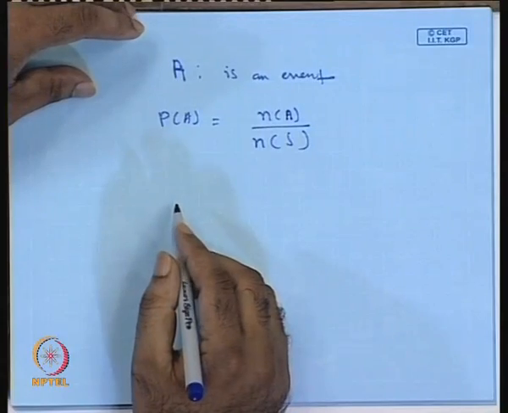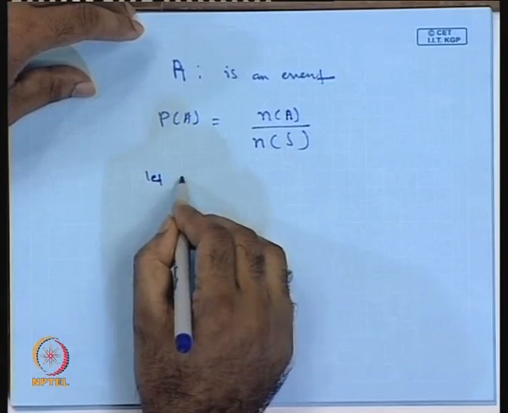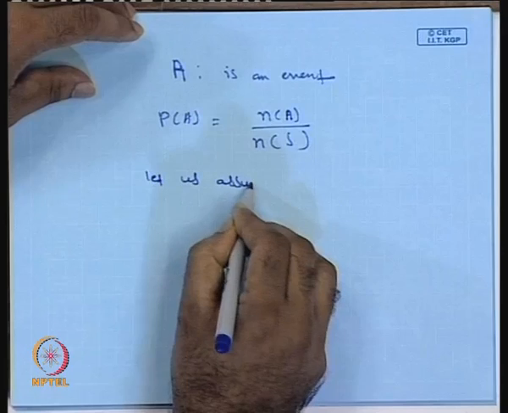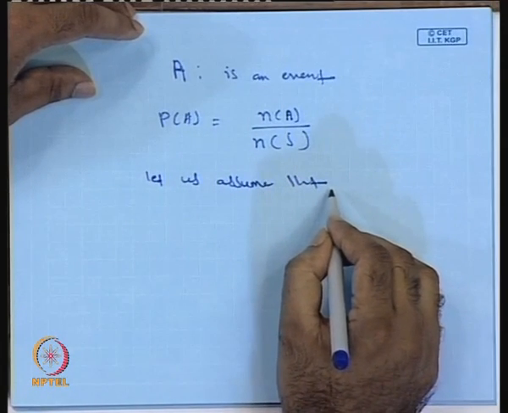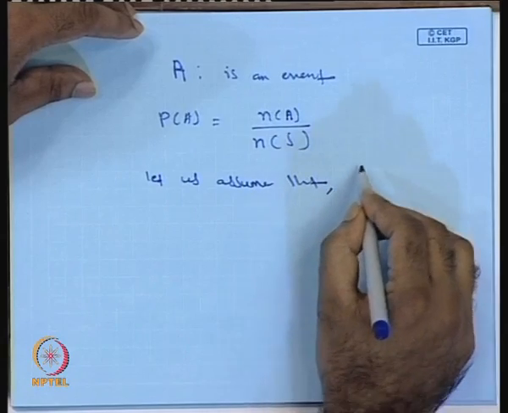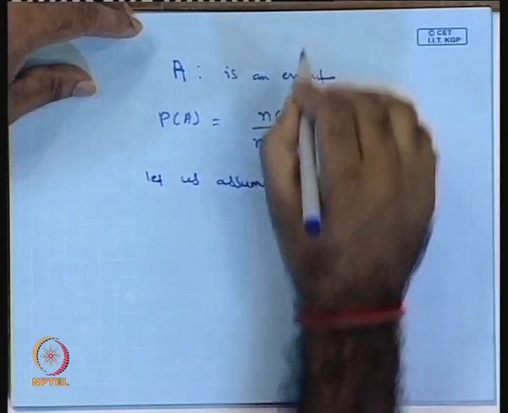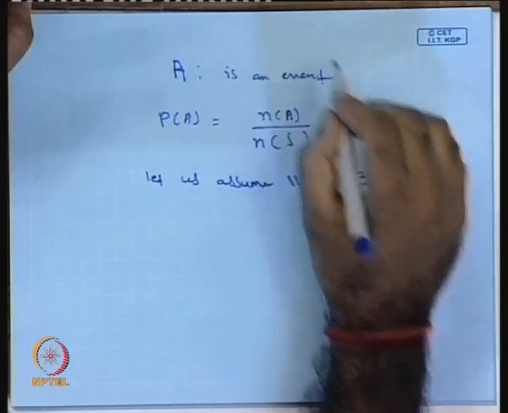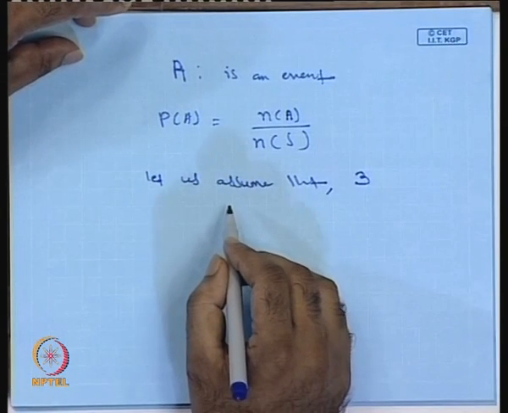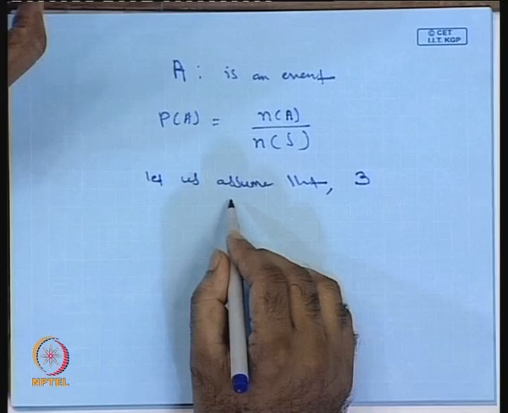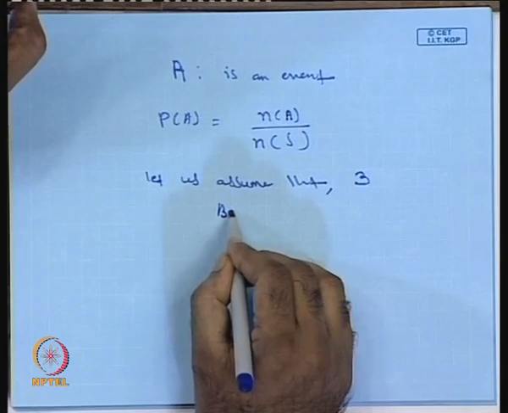Let us take an example here. Let us assume there is a family consisting of three members, and the family cluster is with respect to boys and girls.